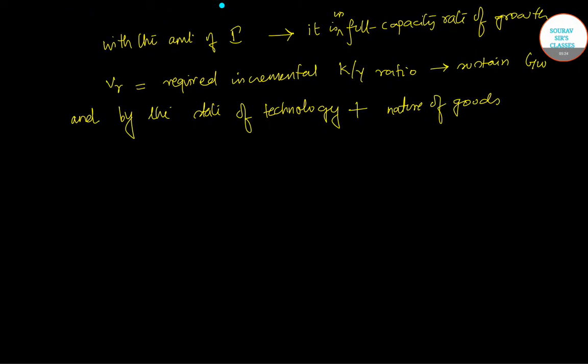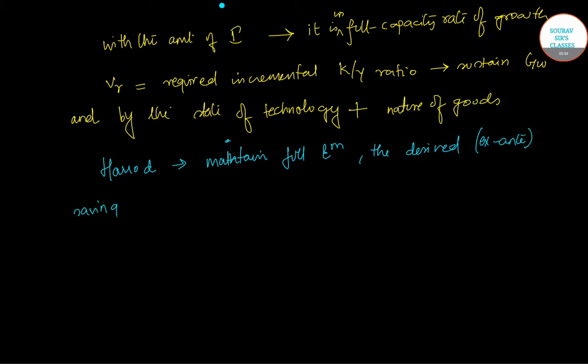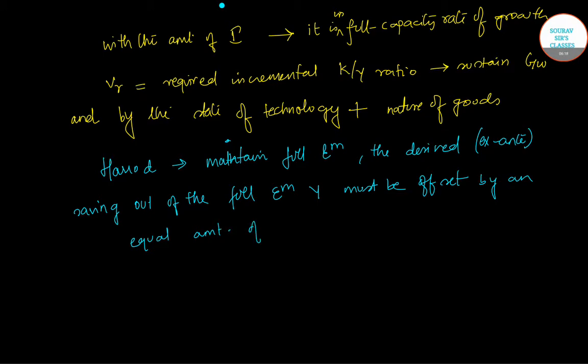Now, the sort of entrepreneurial behavior that has been envisaged by Harrod means that to maintain full employment, the desired ex ante savings out of the full employment income must be offset by an equal amount of desired investment.